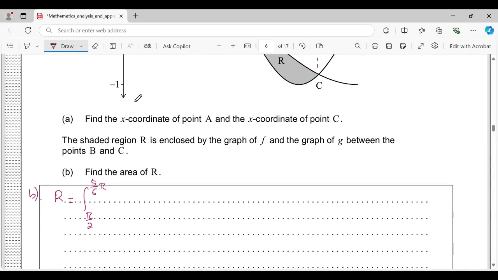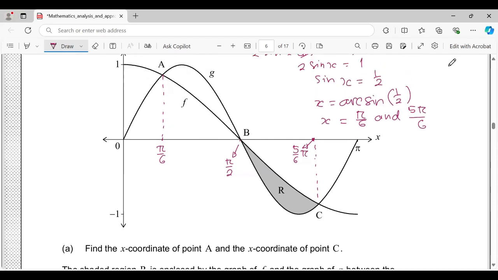And the function is cosine x minus sine 2x dx. Okay, because this is the cosine x graph, and this graph is sine 2x.